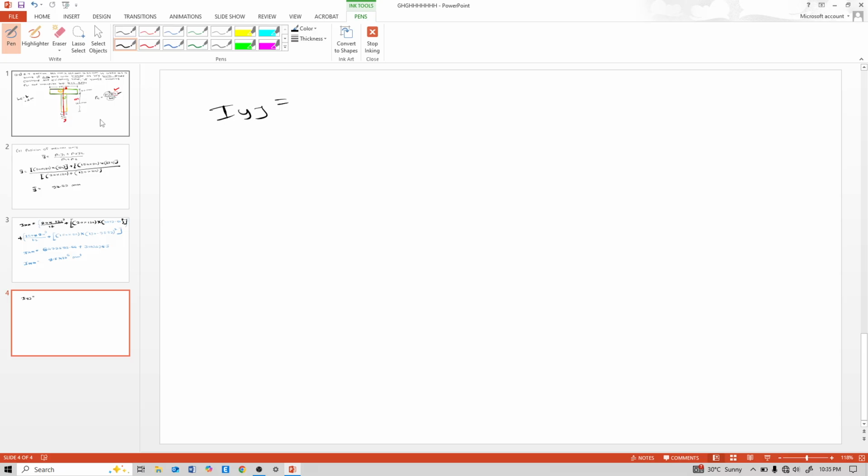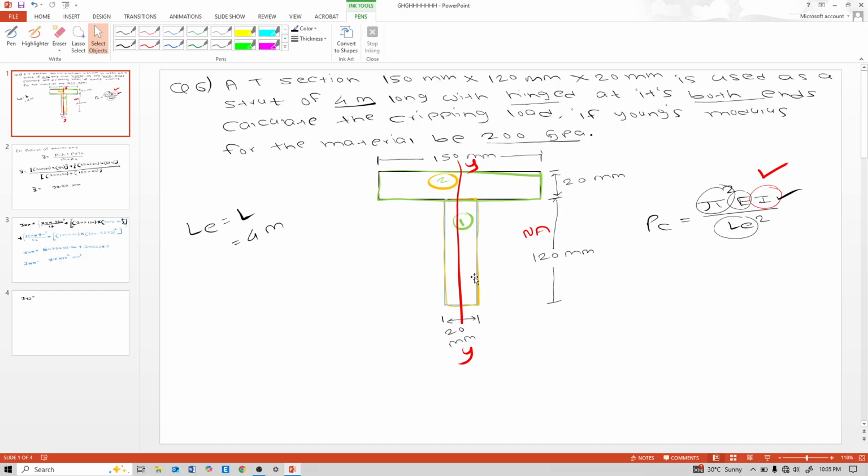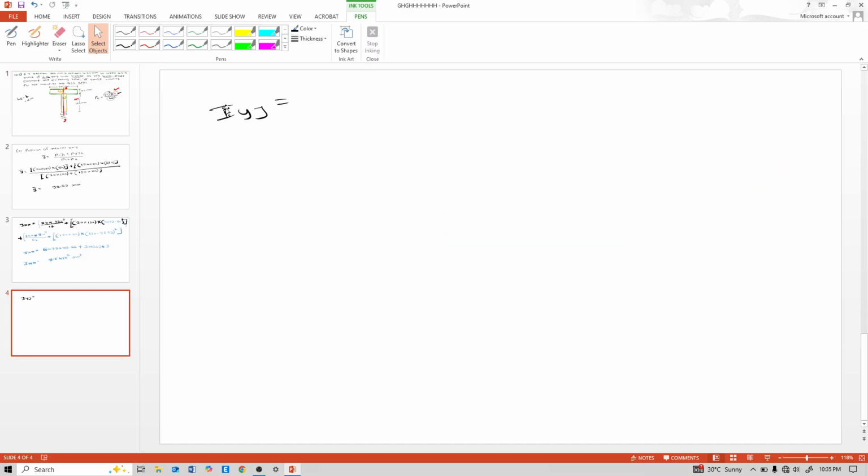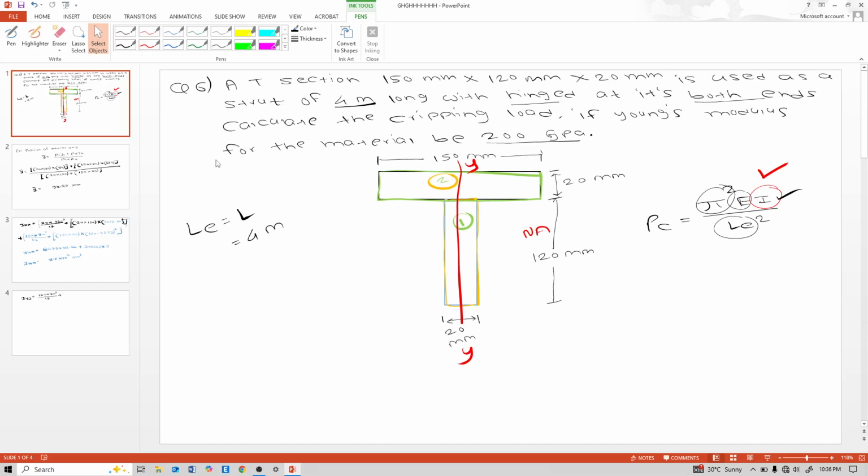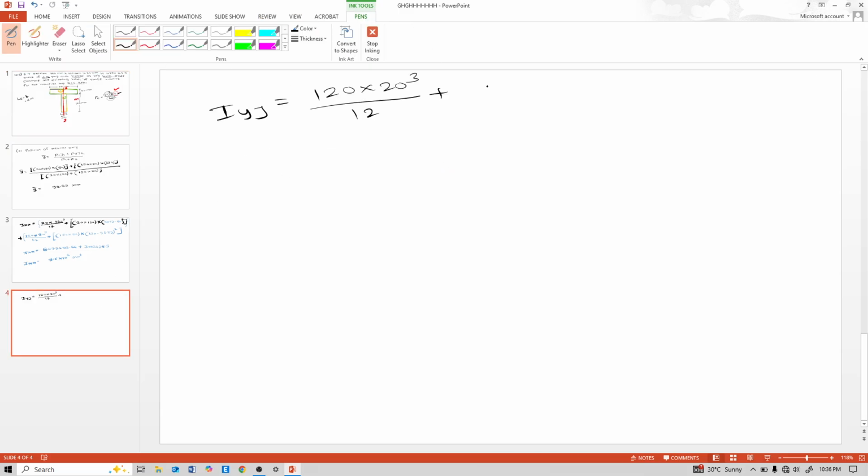Iyy is equal to 120, the parallel side, into 20 cubed divided by 12, plus 20, the parallel side, into 150 cubed divided by 12.